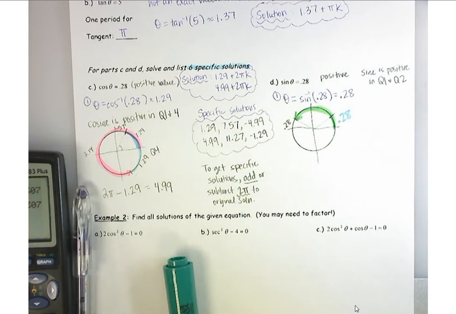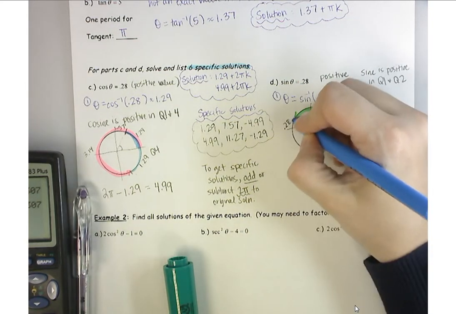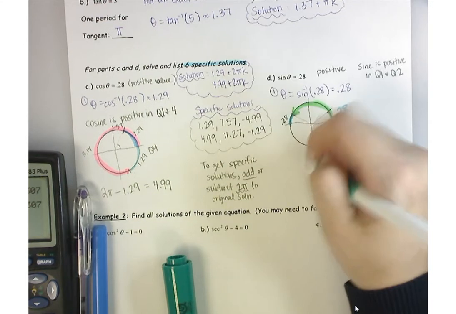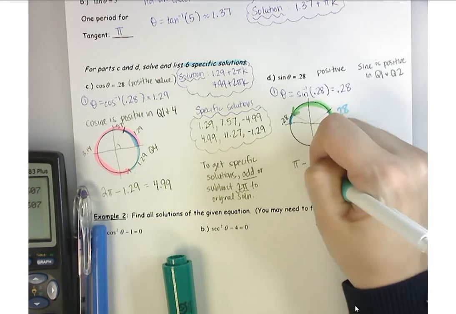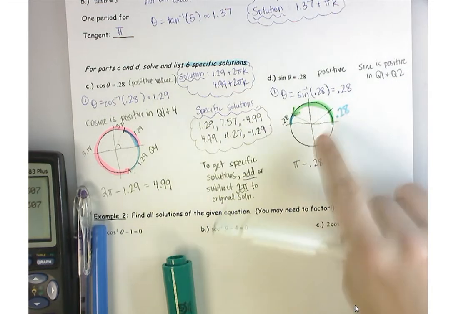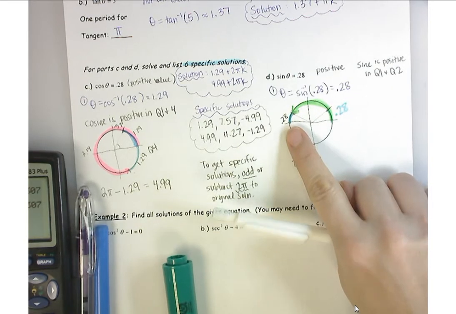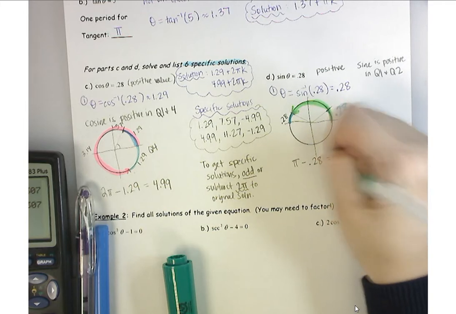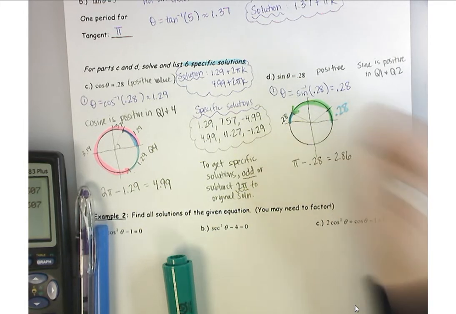Okay, when you know that this is 0.28, do you guys have any ideas on how we can find that? Yeah, it's going to be pi minus. Okay, so it'll be pi minus 0.28, because see how the green and the blue together make up half the circle, which is pi? So then you get 2.86.